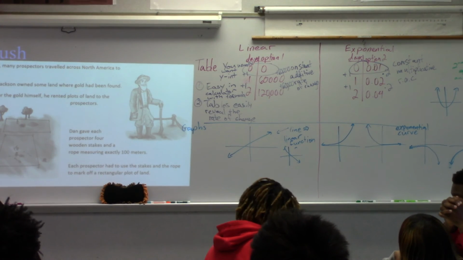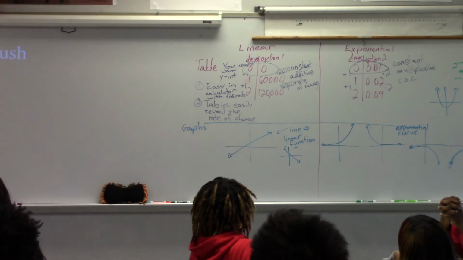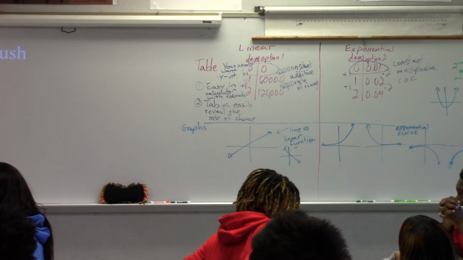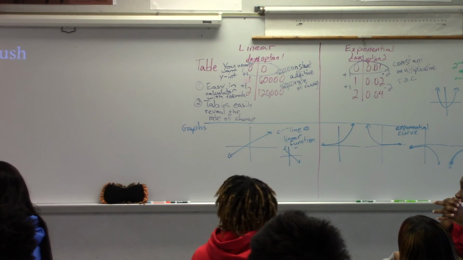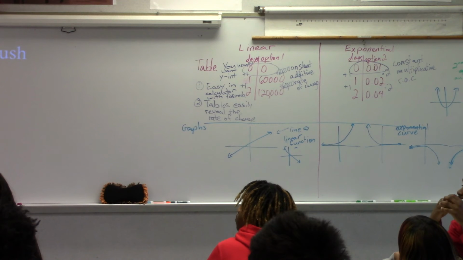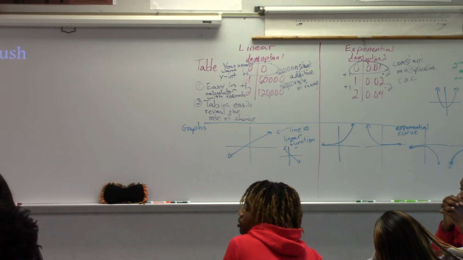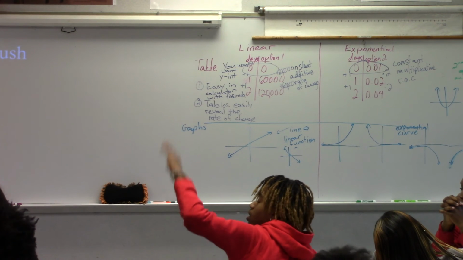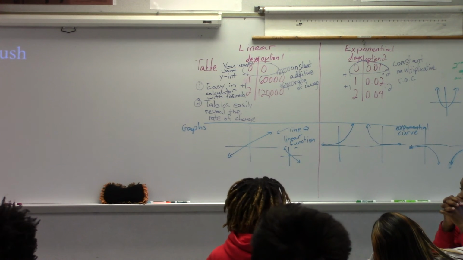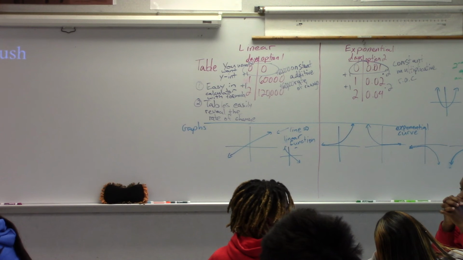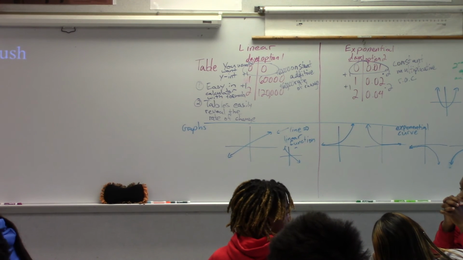Here's Gold Rush, okay? In the 19th century, actually, before I do that, what do y'all know about the gold rush? Nothing? I know. Okay, I hear a lot of people talking. I love the enthusiasm, but let's give people an individual chance to talk. I'll first hear Sharnavia, and then I'll give other people a chance to talk. It was like everybody discovered gold and started coming to the US.